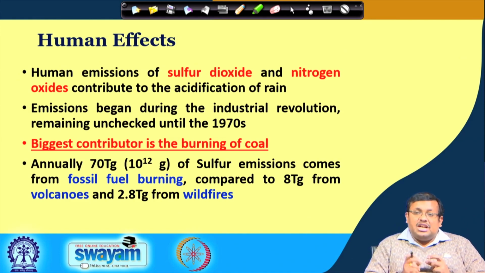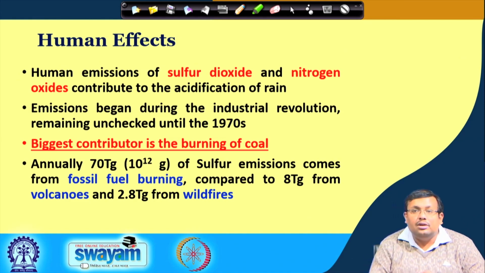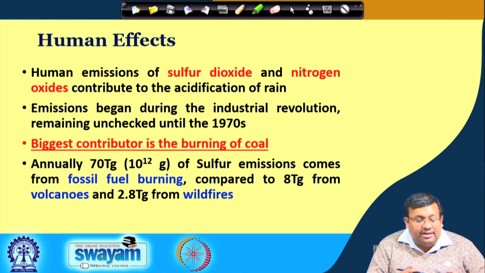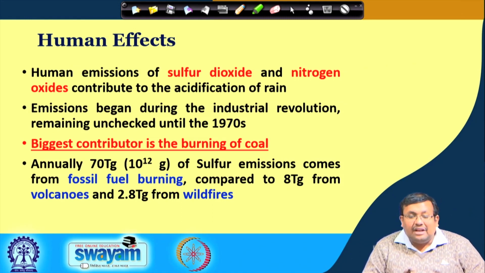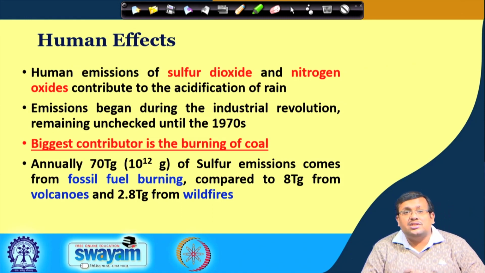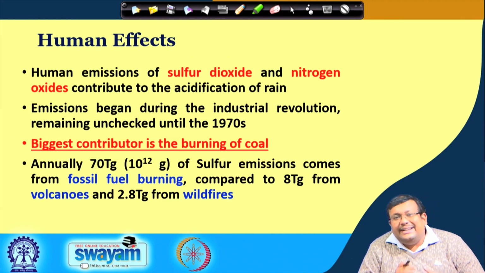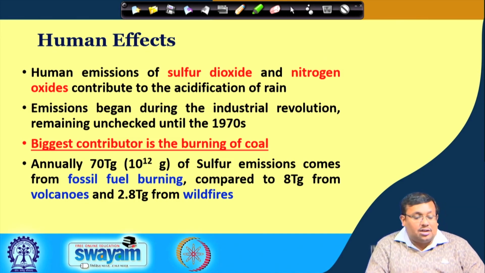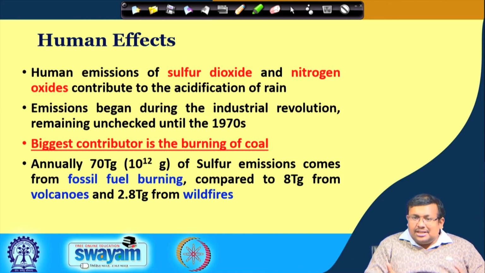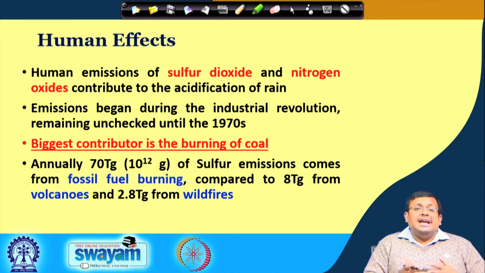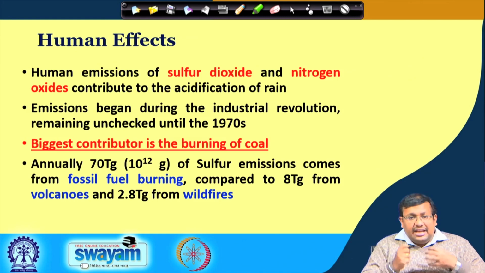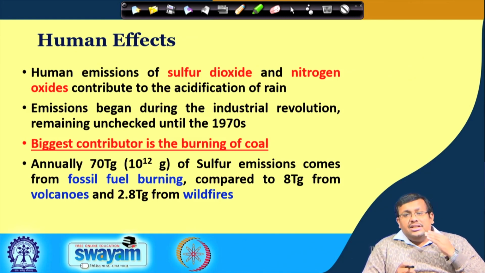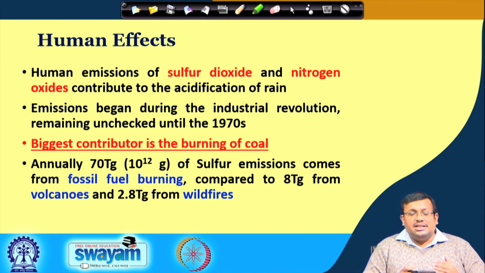The biggest contributor, remember, is the burning of coal, and annually, remember, 70 teragrams of sulfur emissions come from burning fossil fuels, compared to only 8 teragrams from volcanoes and 2.8 teragrams from wildfires. That shows the overall impact of anthropogenic effects in producing acid rain, and that is why it is very important to control these different sources of acid rain for safeguarding our environment.